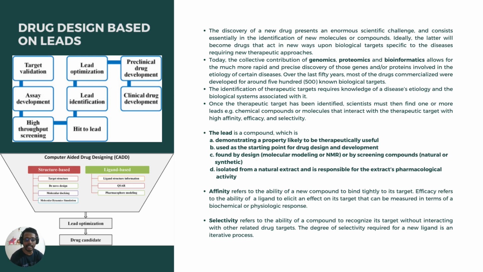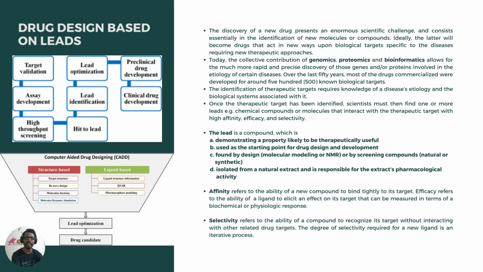Another terminology is called selectivity. Selectivity of the lead molecule. Selectivity refers to the ability of a compound to recognize its target without interacting with other related drug targets. Okay, so selectively the ligand chooses the target molecule based on their interaction, based on their structure, without disturbing other drug targets.